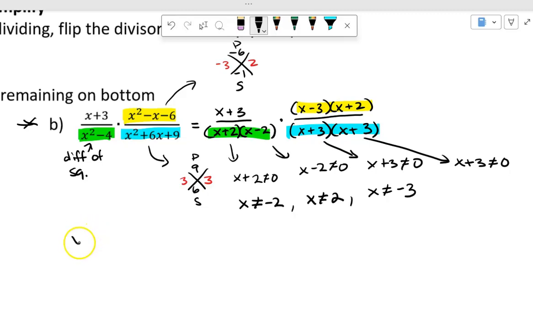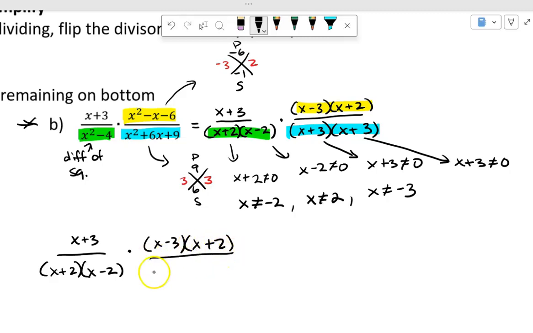I'm going to rewrite (x plus 3) over (x plus 2)(x minus 2), times (x minus 3)(x plus 2) all over (x plus 3)(x plus 3).